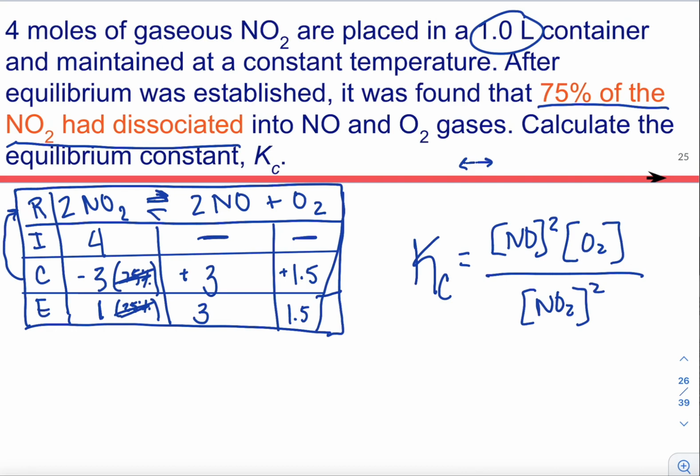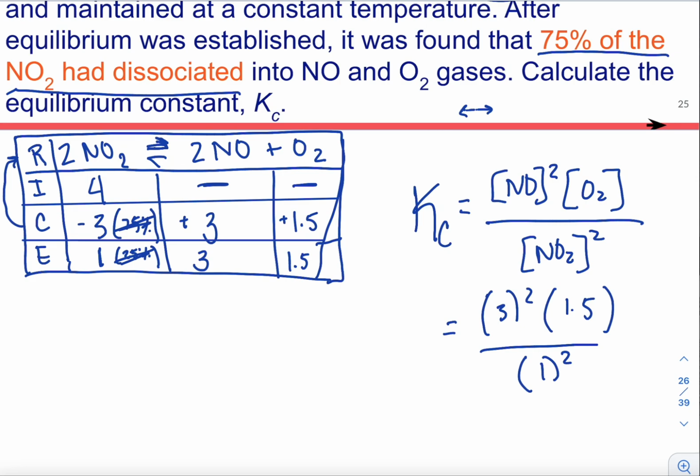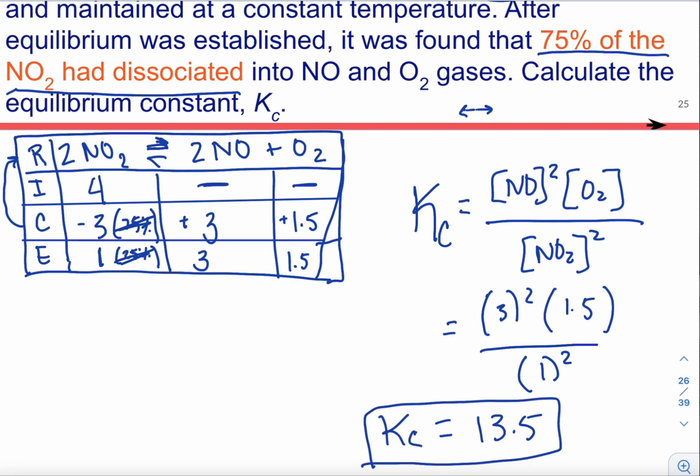Then I'm going to plug in my numbers. And that comes out to 13.5. So Kc is 13.5 for this one.